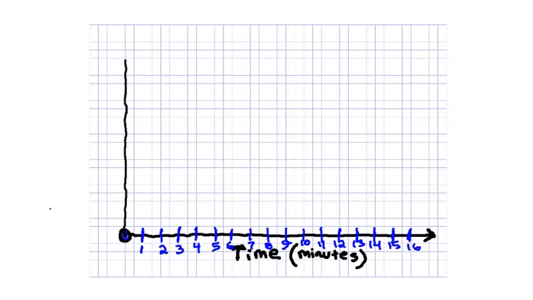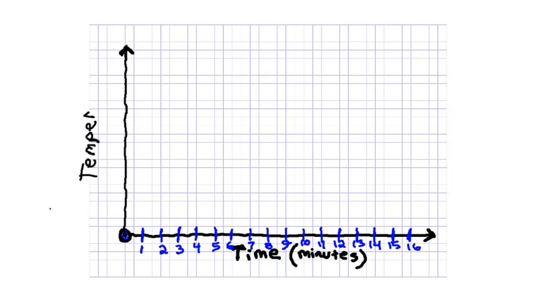That's why they make graph paper, just so the lines are already there for you, so it's easier to see. But when it's just blank graph paper like this, you need to actually make your border. So this is going to be your amount, and the amount that we're measuring in this case is going to be temperature.